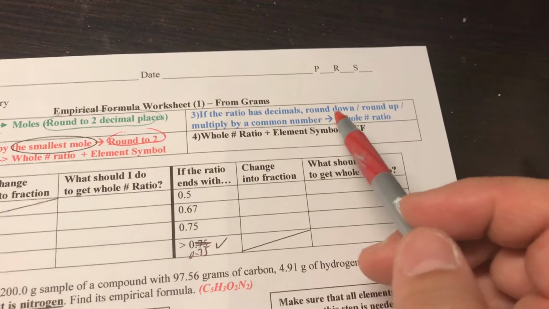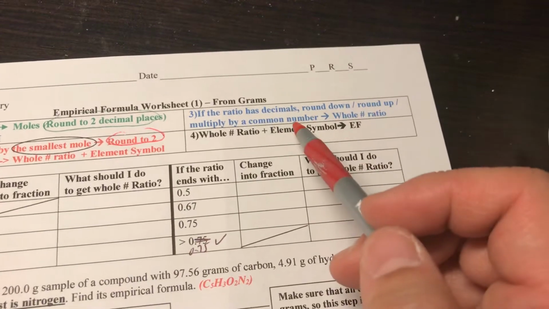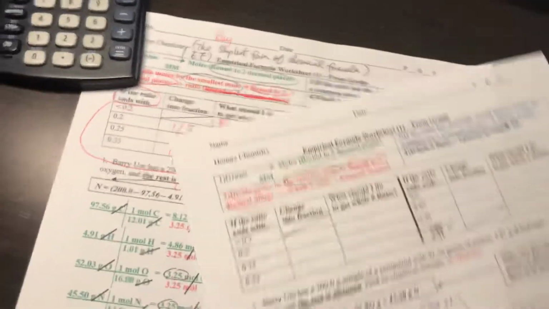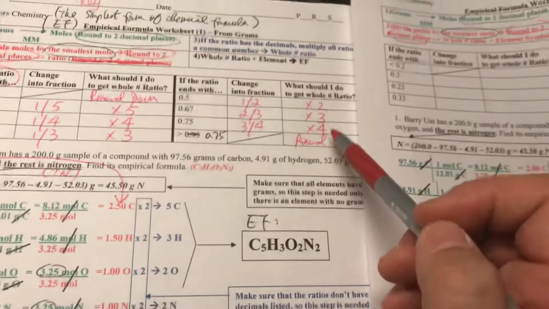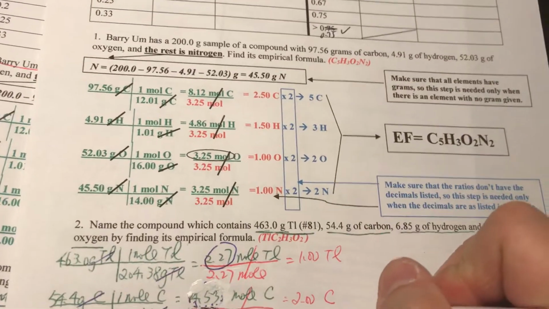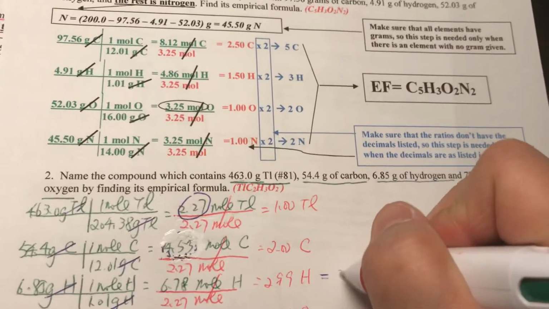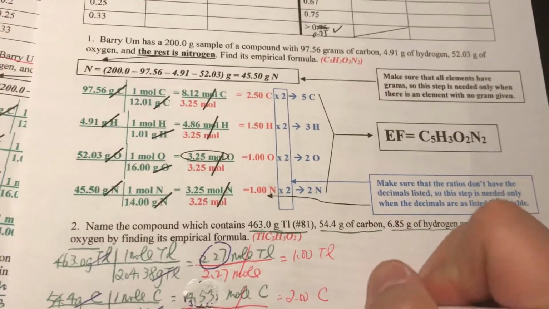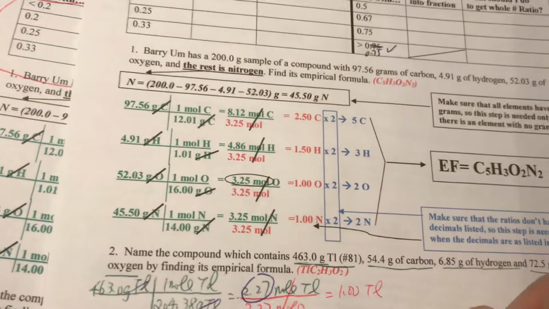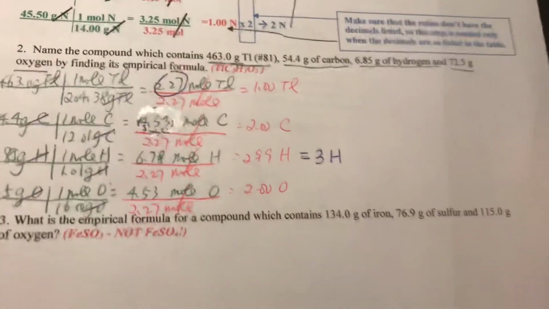We round down, round up, or multiply by a number. Since 0.99 is bigger than 0.75, we need to round up. So it will be 3.